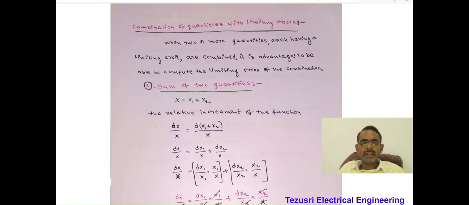Sum of two quantities: if x equals x1 plus x2, the relative increment of the function is dx by x equals d(x1 plus x2) by x, which is dx1 by x plus dx2 by x.